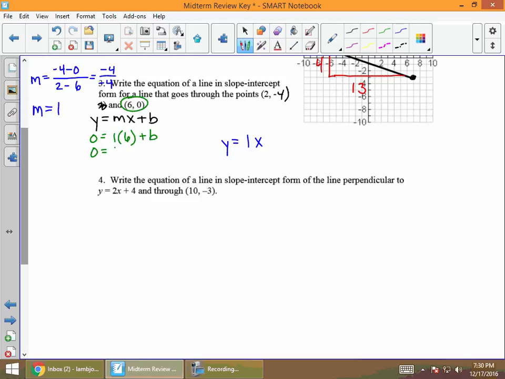So 0 equals 6 plus b. Subtract 6, negative 6 is equal to b. Finally, all that work. Y equals 1x, and if you don't want to put the 1 there, I don't care. But the b value is negative 6, so y equals 1x minus 6.